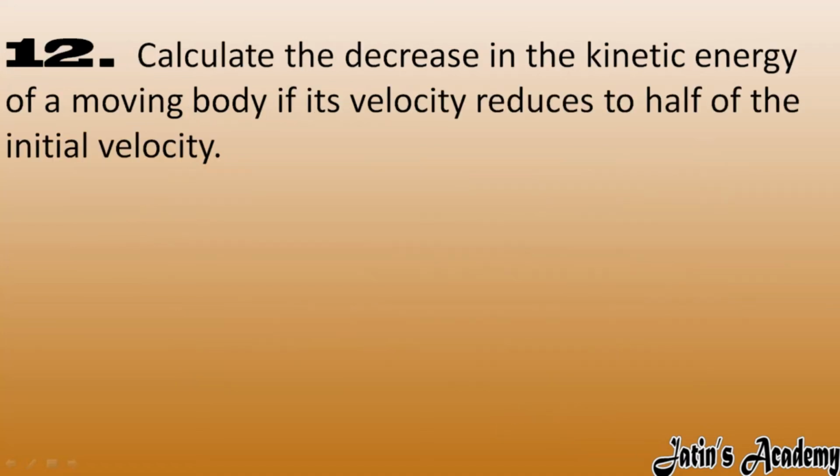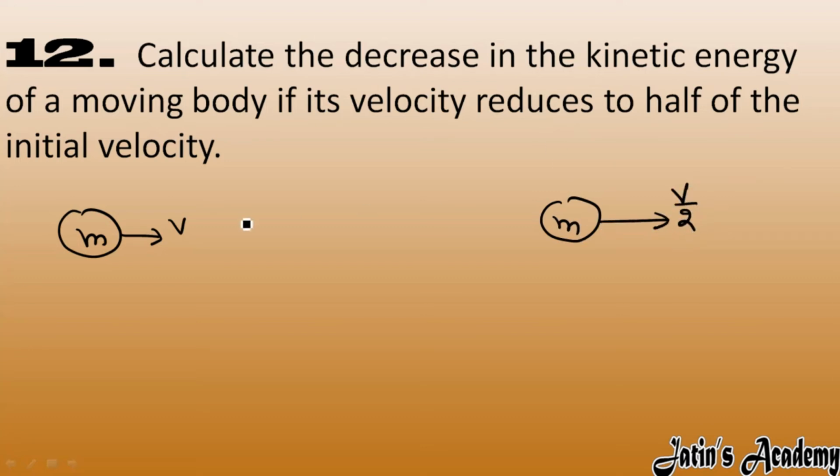Clear? Next we have to calculate the decrease in the kinetic energy of a moving body if its velocity reduces to half of the initial velocity. For example, a body of mass m moving with velocity v. Now the body reduces its velocity. Mass is the same but velocity reduces to half of the initial value. We have to calculate the decrease in kinetic energy.